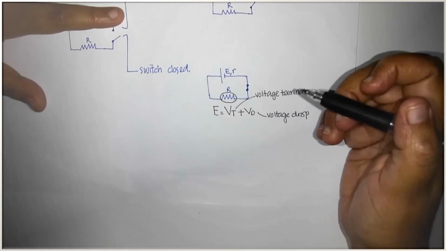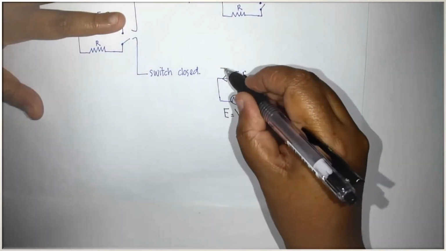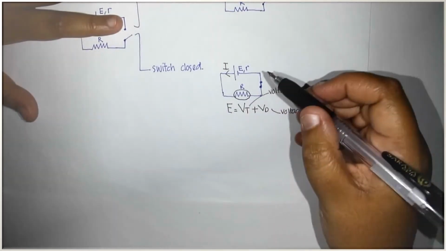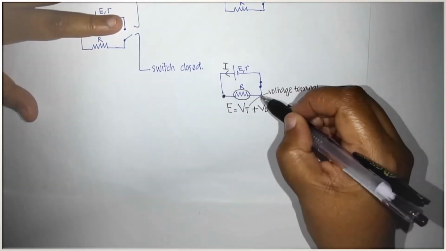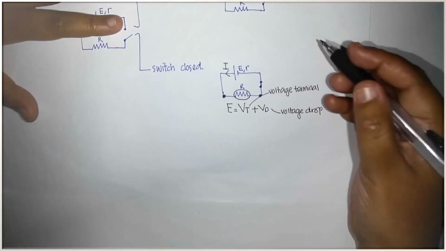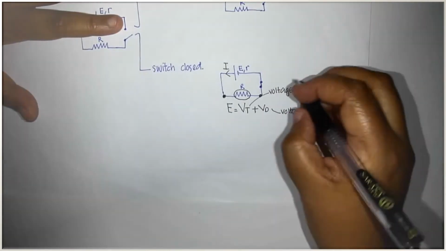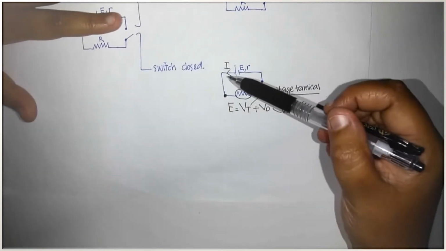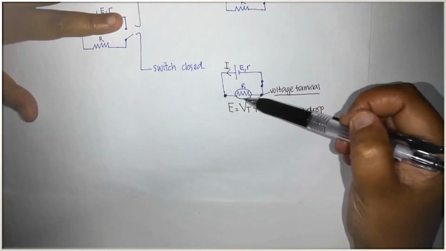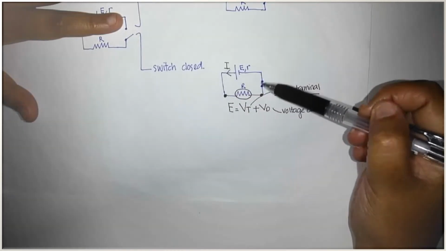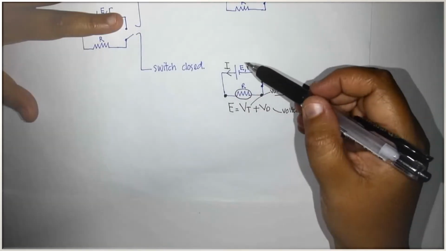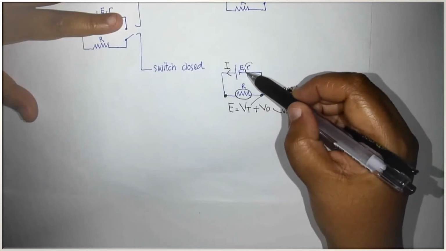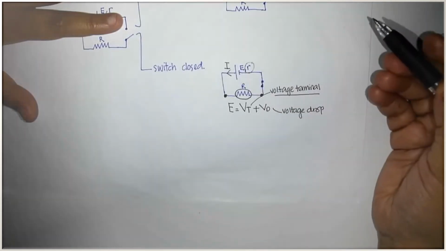As the switch is closed, current starts to flow. When there is a current, there will be a voltage between this terminal and this terminal. So this is called the terminal voltage. Terminal voltage is usually the voltage of the exterior or outer circuit, and the internal voltage drop is the voltage across the internal resistance inside the cell.